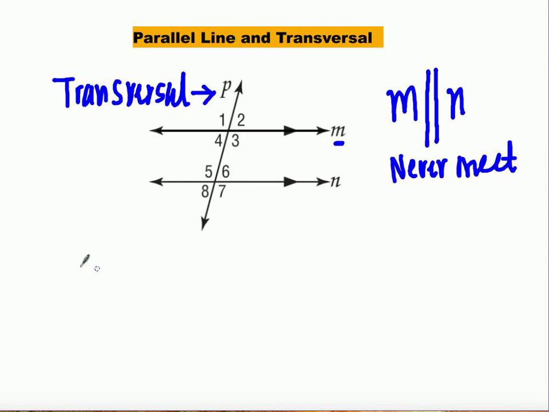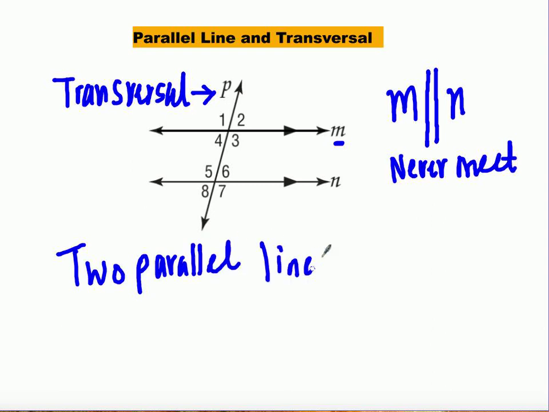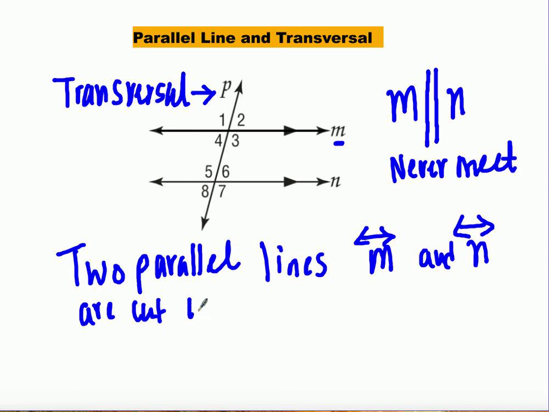Now, when we have two parallel lines M and N, notice how the lines are going both ways, are cut by transversal P. P is also a line that's going both ways.